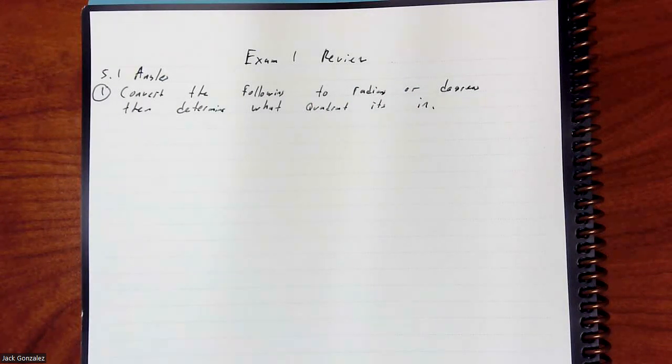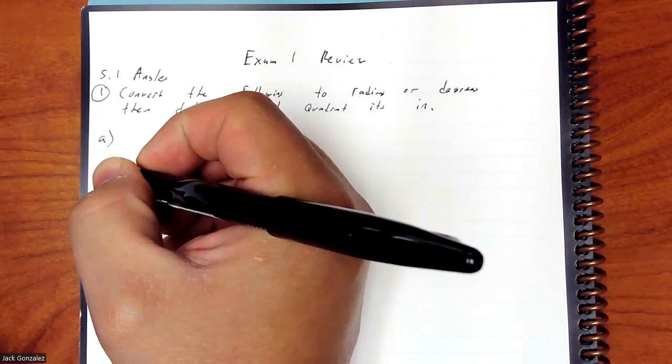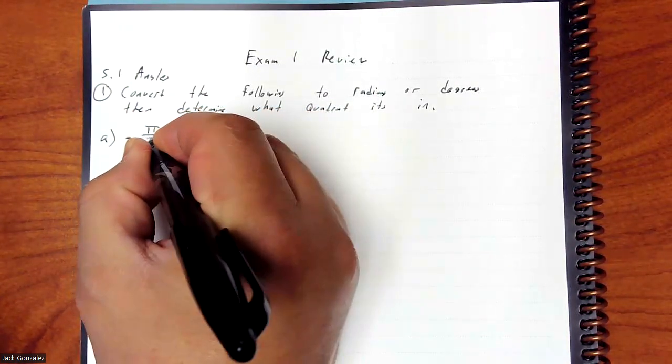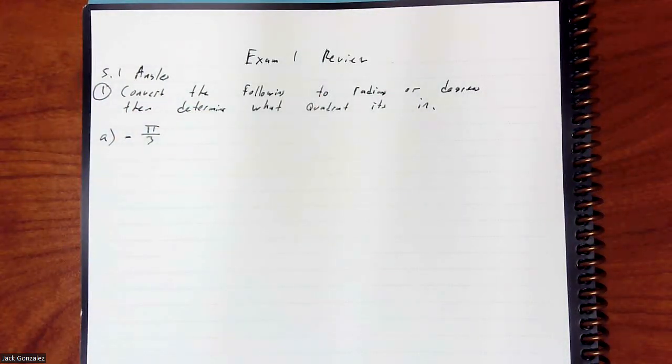Okay. So part A. Negative pi over 3. Convert that into degrees. It didn't mention anything about coterminal, so just leave it as negative.